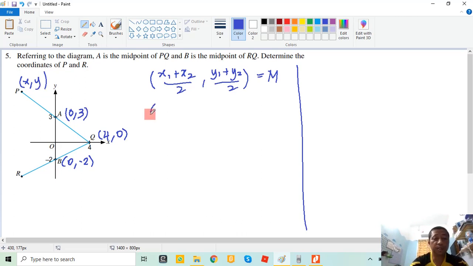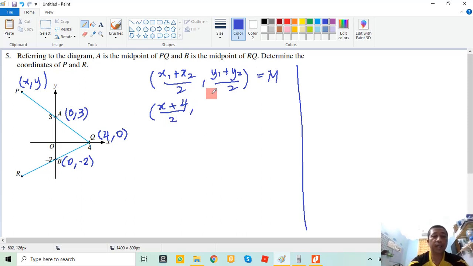So we substitute all the values we know into the formula. X1 from point P, we just write as x because we don't know the value, plus x2 from point Q, which is 4, divided by 2.